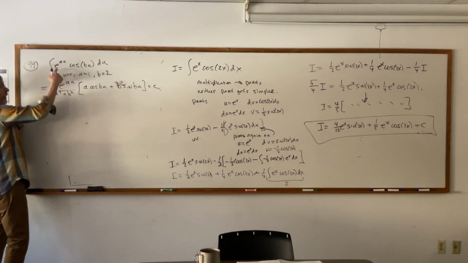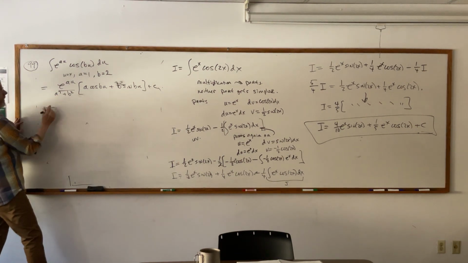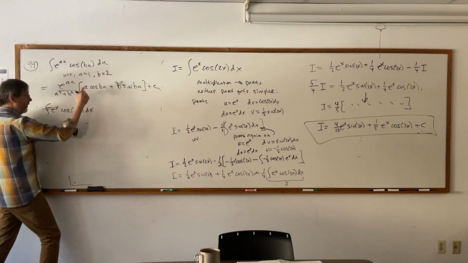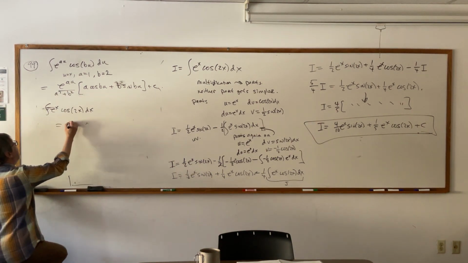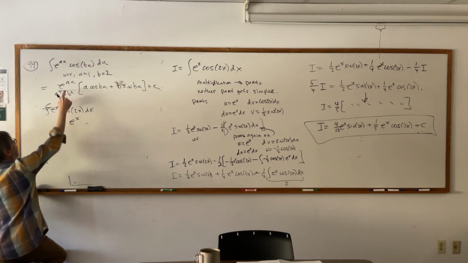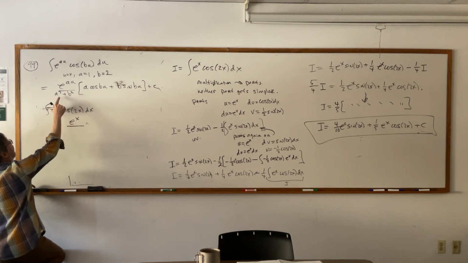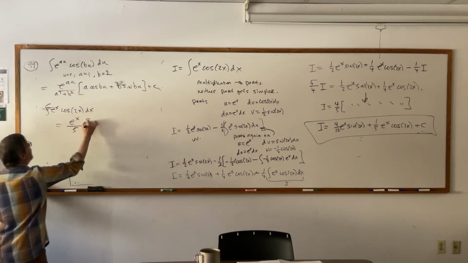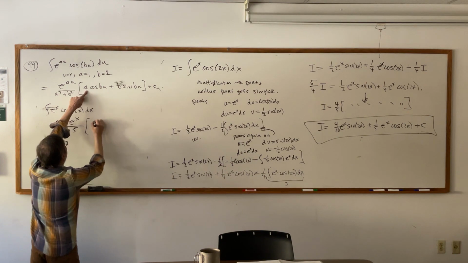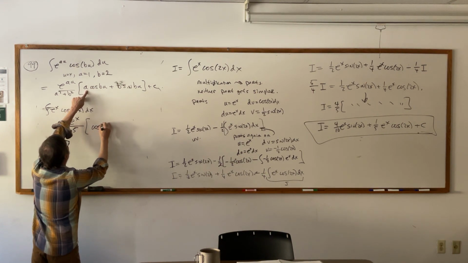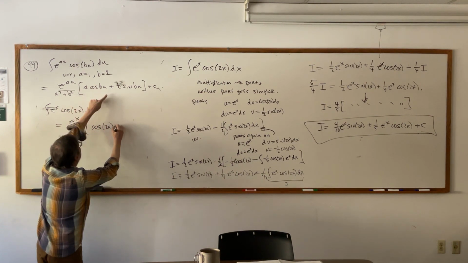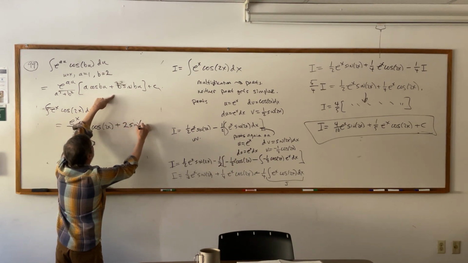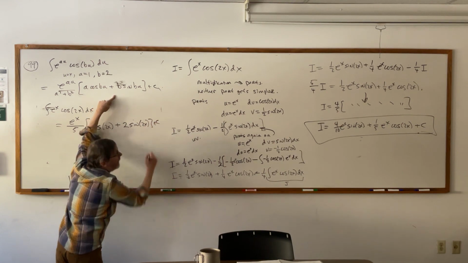So using these things here, this integral of e to the x cos 2x dx is going to be e to the x over a squared plus b squared, so that's 5, times a, which is 1, cosine of 2x, plus, and then I put in the b, 2 sine of 2x, plus c.